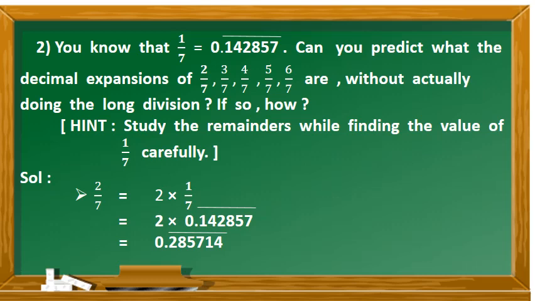2 by 7 is equal to 2 into 1 by 7. That is, 2 by 7 is split as 2 into 1 by 7.